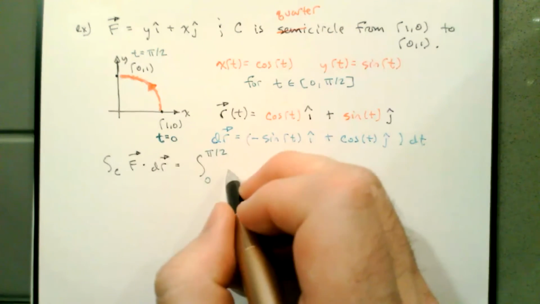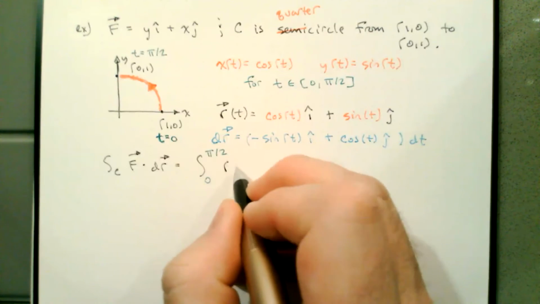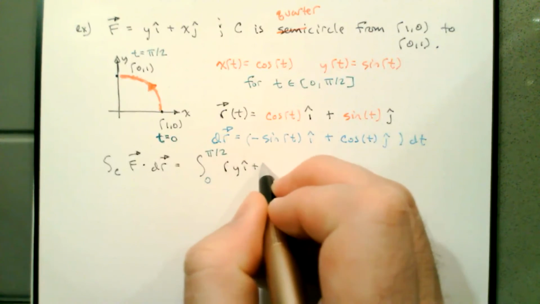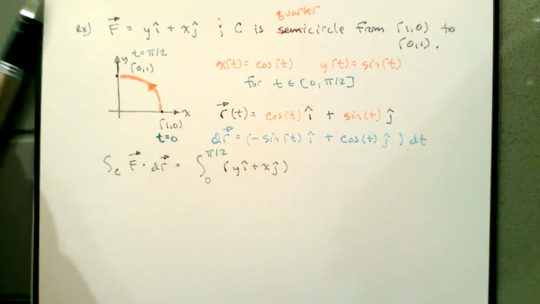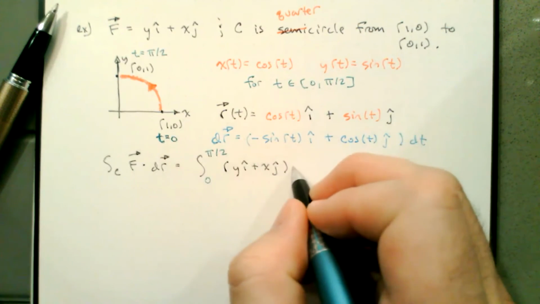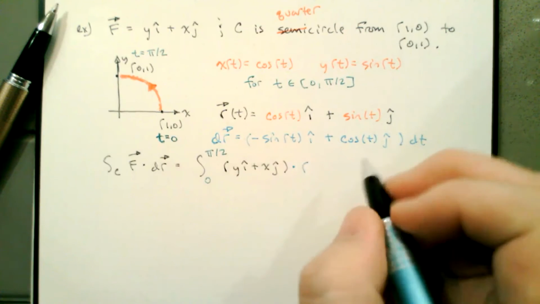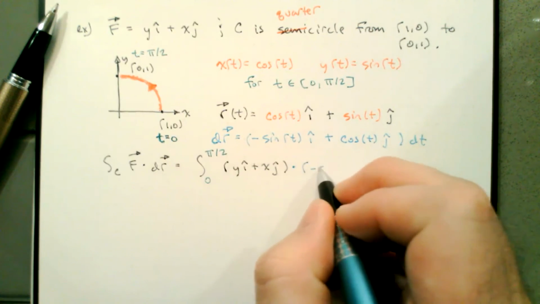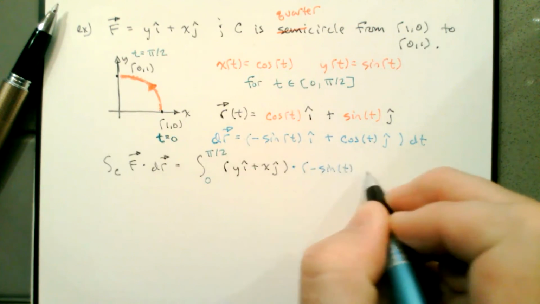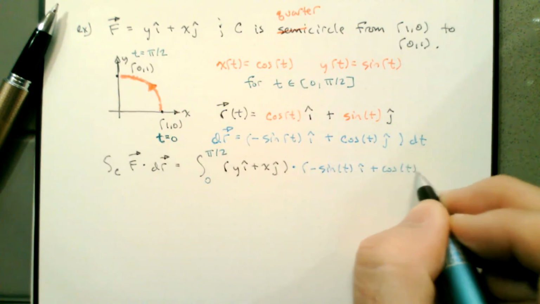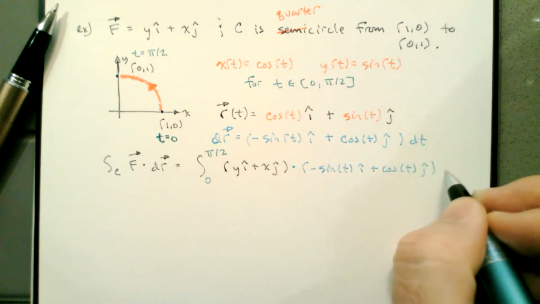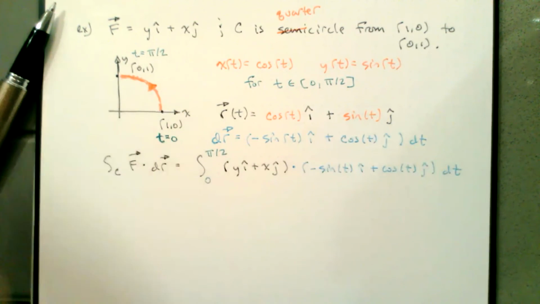My vector field F is y i plus x j, and my dr is minus sine of t i plus cosine of t j dt.